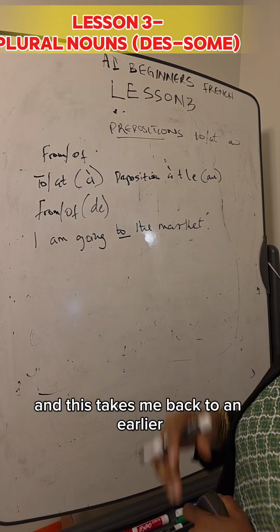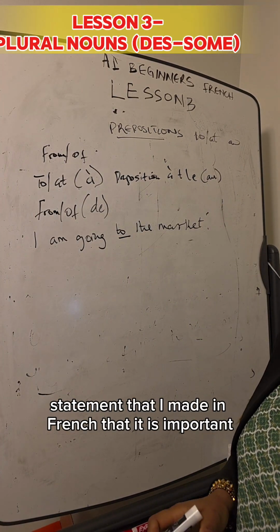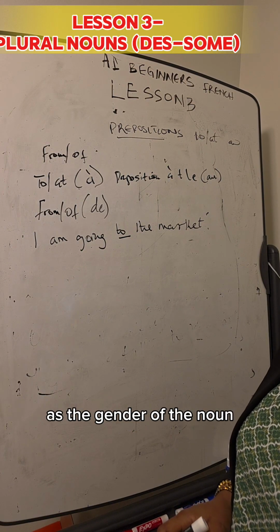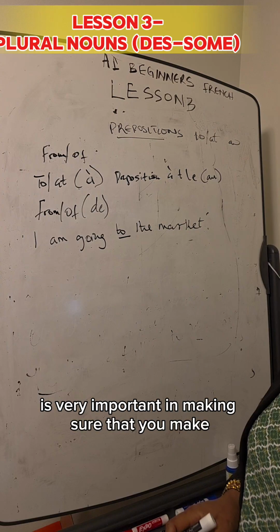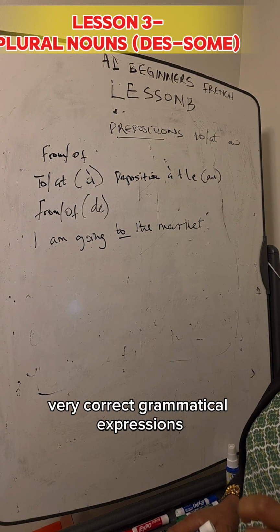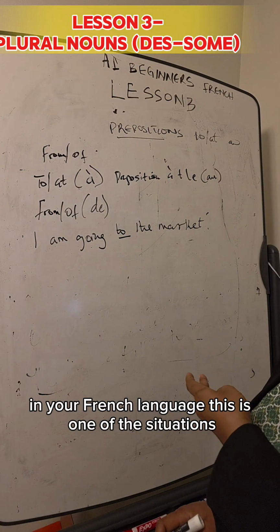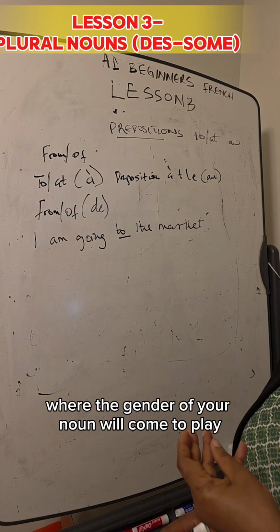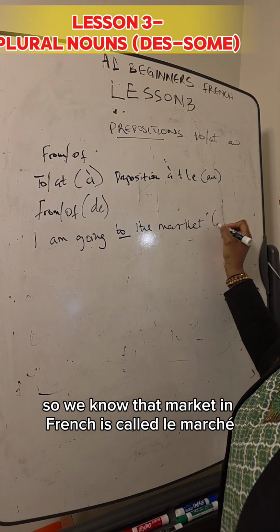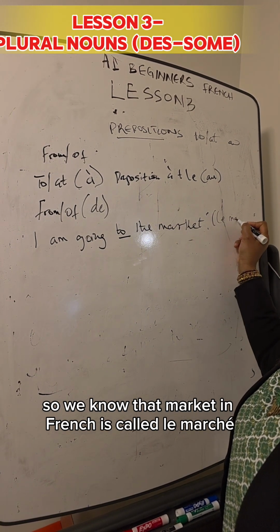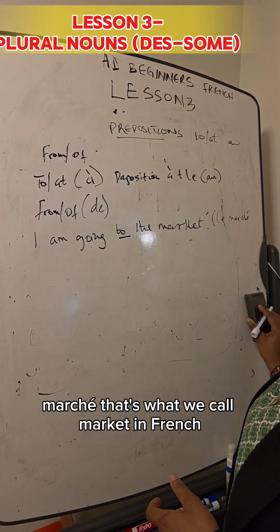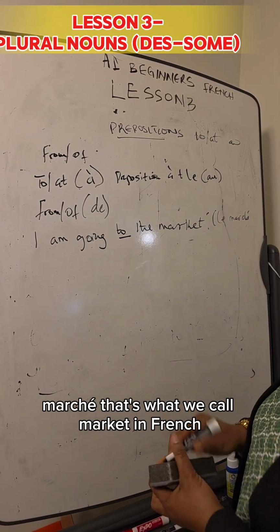And this takes me back to an earlier statement that I made, that it is important for you to always know the gender of your noun, as the gender of the noun is very important in making sure that you make correct grammatical expressions in your French language. This is one of the situations where the gender of your noun will come into play. So we know that market in French is called le marché. It's a masculine gendered noun.